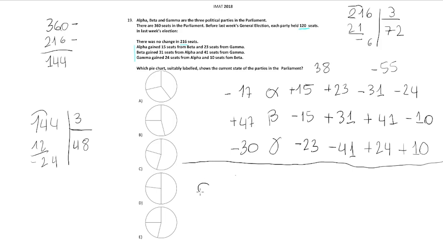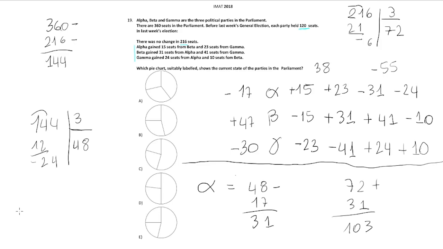So in this case we can calculate, for example, alpha. We know that alpha gained 48 seats, but it loses 17 seats, so we get 31 seats that we have to add to 72. So we can calculate the total amount that alpha gained in this election, that is 103.